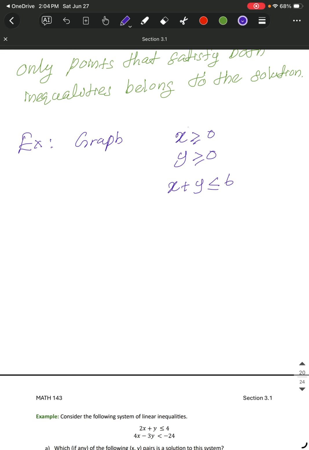Okay, pause the video and draw the graph, 3 inequalities, and show how the overlapping region is.